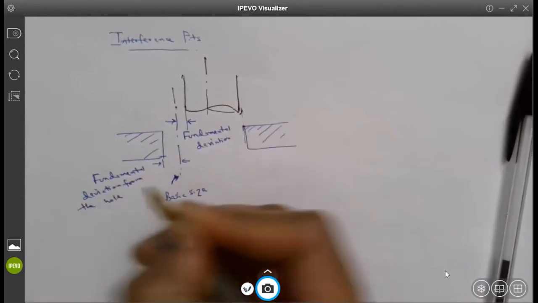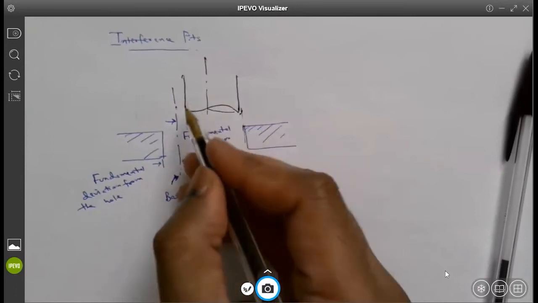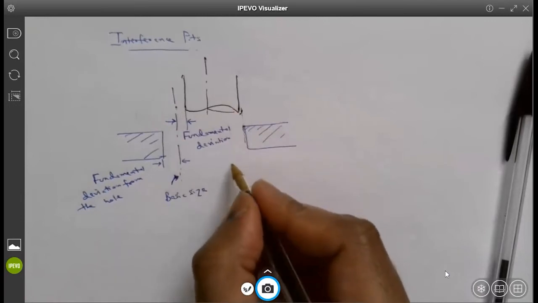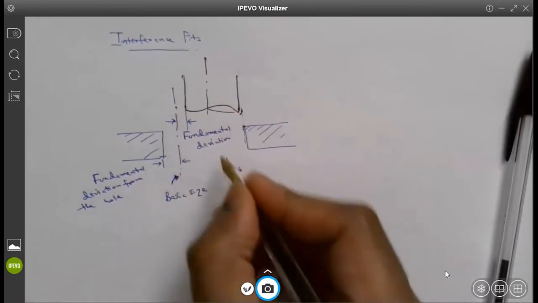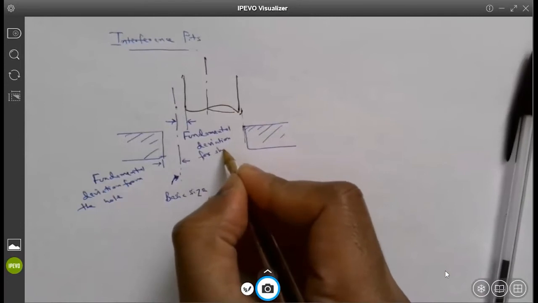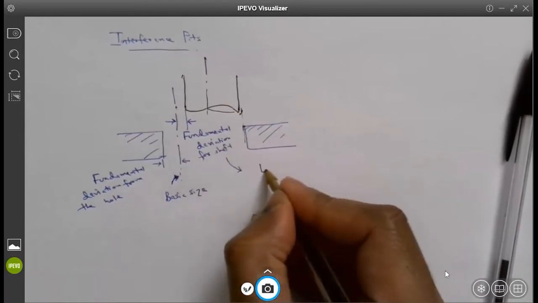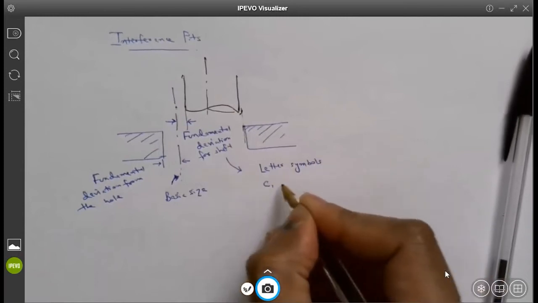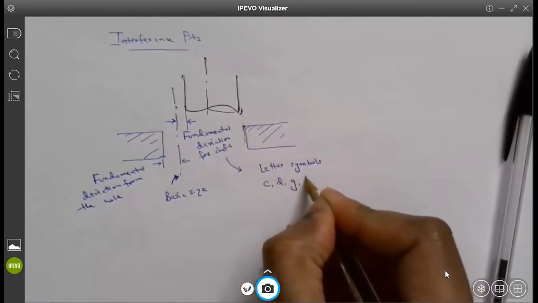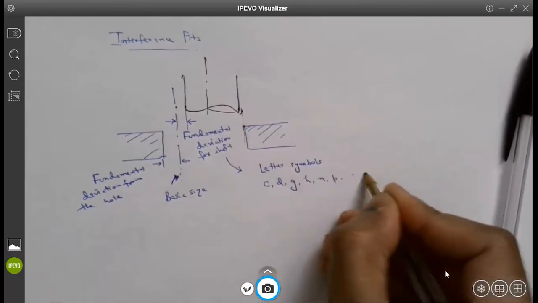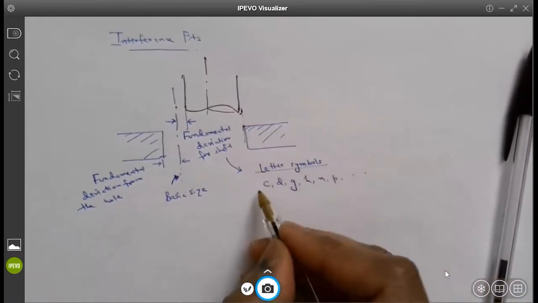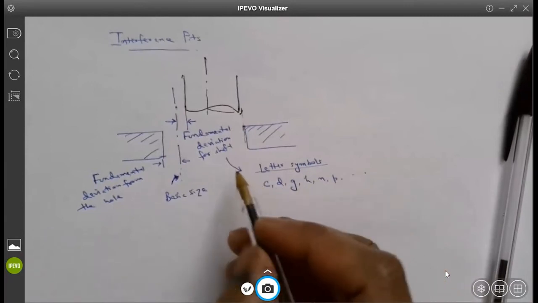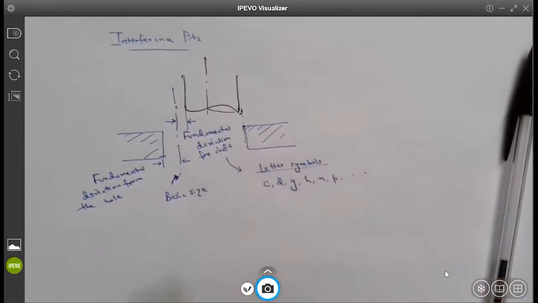The deviation from the true size, or the basic size, is represented by letter symbols. These fundamental deviations for shaft and hole are represented by letter symbols: C, D, G, H, N, P, and so on. Each letter symbol has a specific amount of deviation that is provided in your tabular chart.